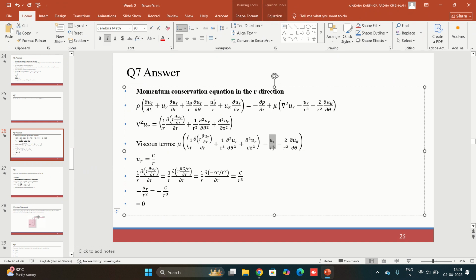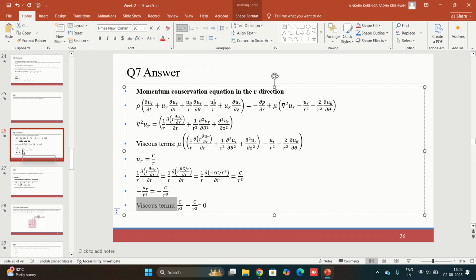So we have u_r by r square pending. u_r is c by r, so c by r square by r becomes c by r cube, minus c by r cube. So it becomes 0. So that is the problem.